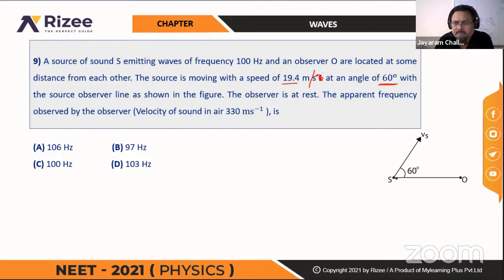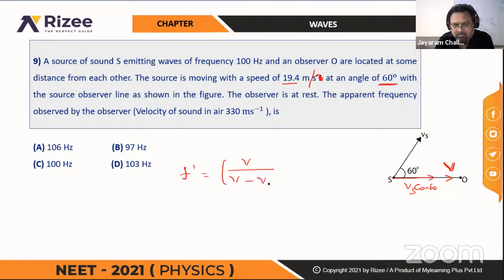Since the source is moving, the component of the source velocity acting in the direction of the observer is going to be Vs cos theta, or cos 60, and velocity of the sound will also be in the same direction. So when we apply the Doppler effect, f dash, the observer is in the rest position, source is moving towards the observer.